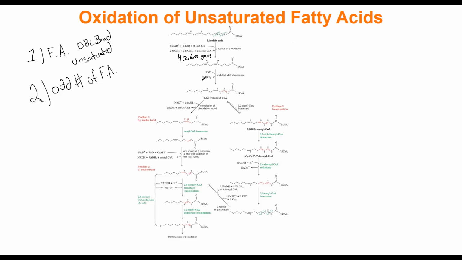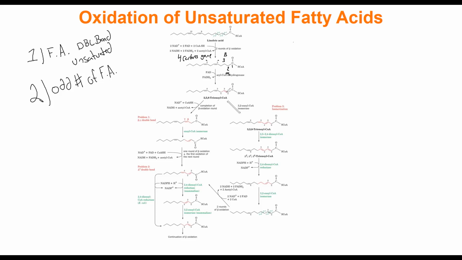So now we have a double bond on carbon 5 and carbon 8, which was just 9 minus 4 and 12 minus 4. And when you do the next round of beta oxidation and you do your first step of acyl coenzyme A dehydrogenase, if we do our numbering scheme, so this is carbon 1, 2, and 3. Carbon 2 is the alpha carbon, carbon 3 is the beta carbon, right?